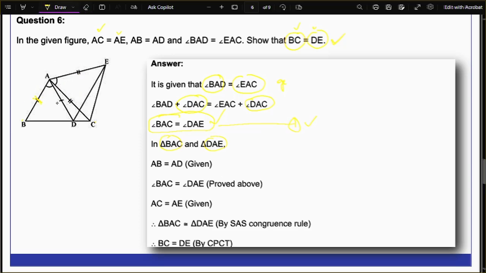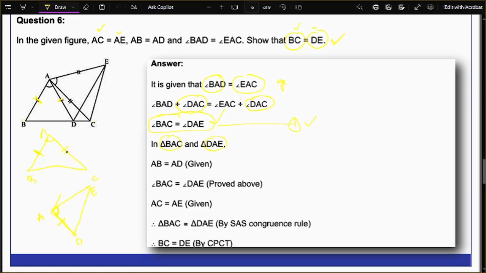First one is AB equals AD. So these two sides AB equals AD are the same, and we have proved that angle BAC equals angle DAE. These two angles are also the same.